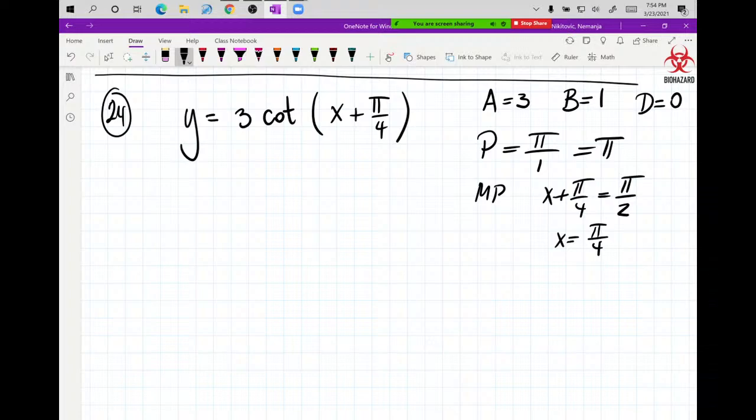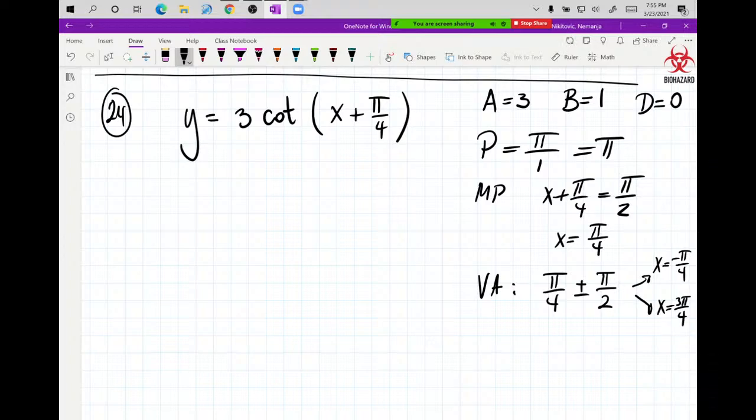Now, the vertical asymptotes are going to be the midpoint plus or minus half of your period, which is pi, so pi over 2. And you are getting two vertical asymptotes, x equals negative pi over 4 and x equals 3 pi over 4.